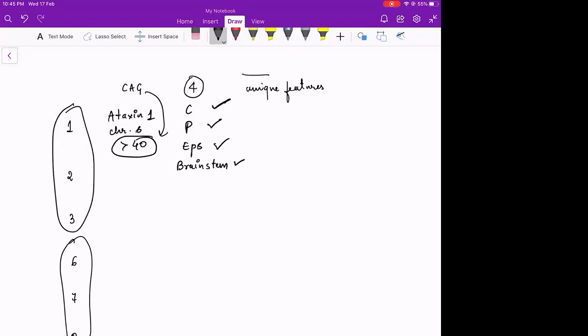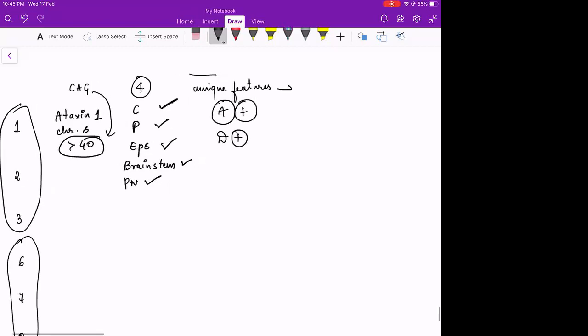Along with that, the patient will have peripheral neuropathy also. The unique feature here is that the patient will have autonomic symptoms also, like urinary and fecal incontinence, and will have dementia also. An important unique feature of type 1 is that the patient will have progressive, fast ataxia, like the symptoms will worsen rapidly.